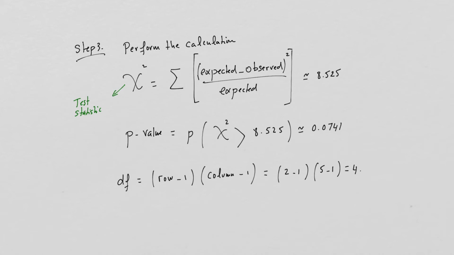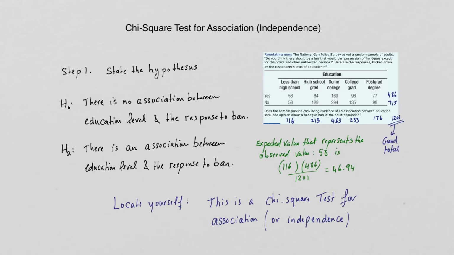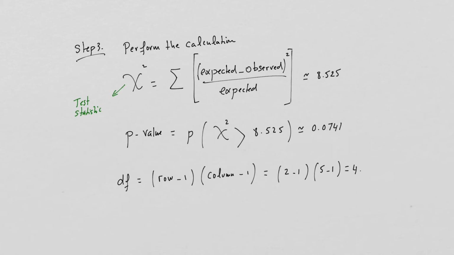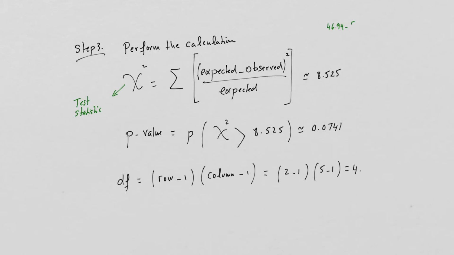It does take time to do it by hand. Let me just do the first one. So we have 4694 and 58. So basically you have 4694 minus 58, expected minus observed, squared over expected.